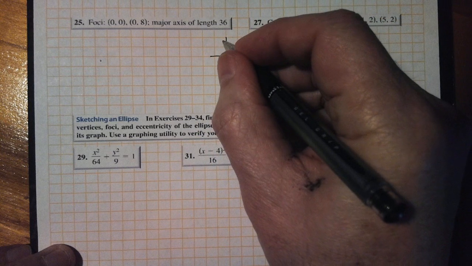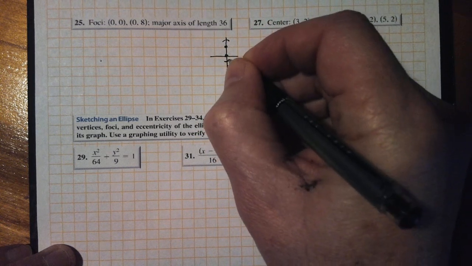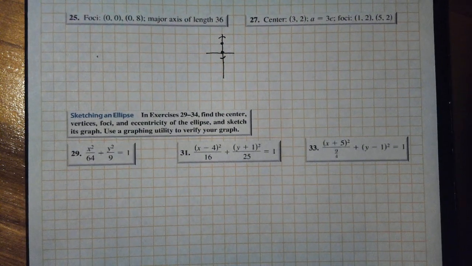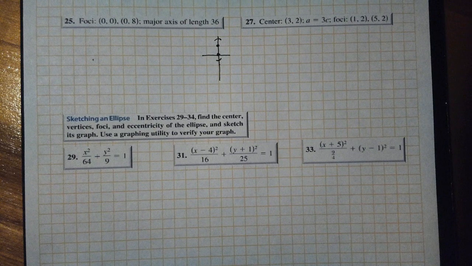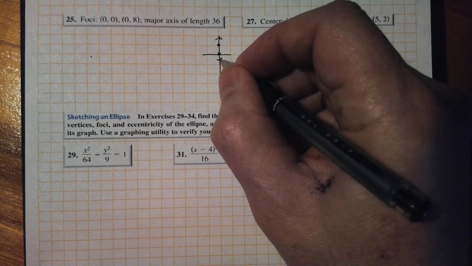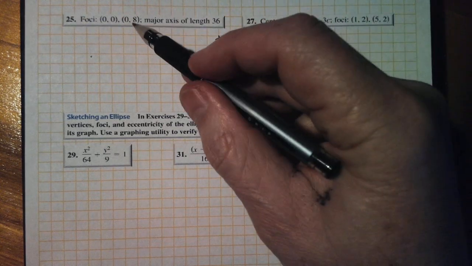So those are our foci, and what I know is the curve wraps around the foci, and that is true whether it's parabolas, ellipses, hyperbolas, as you're about to see. The curves wrap around the foci. So somewhere up here we have vertices. They could be way up, they could be really close. That information we don't know yet.